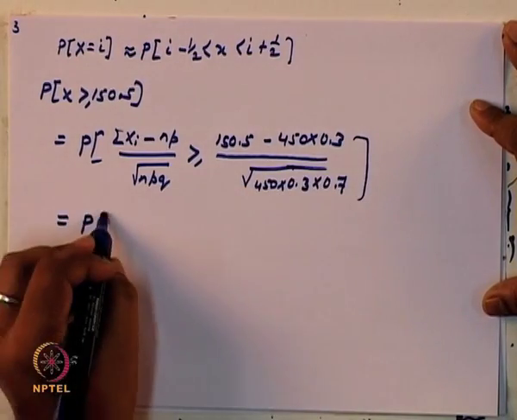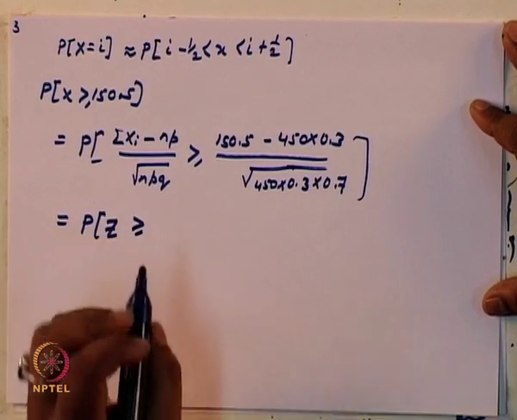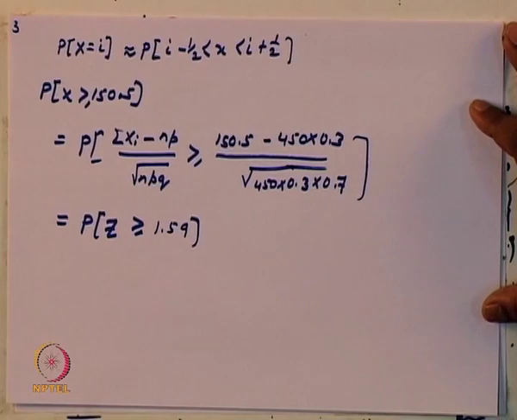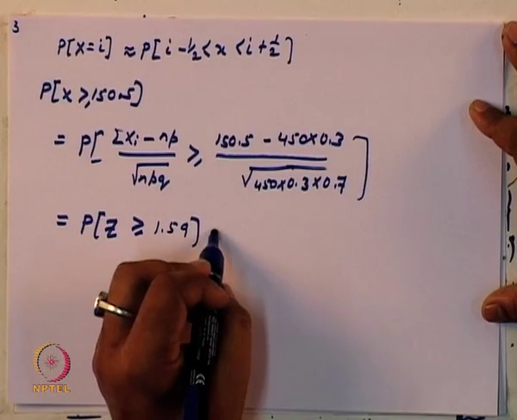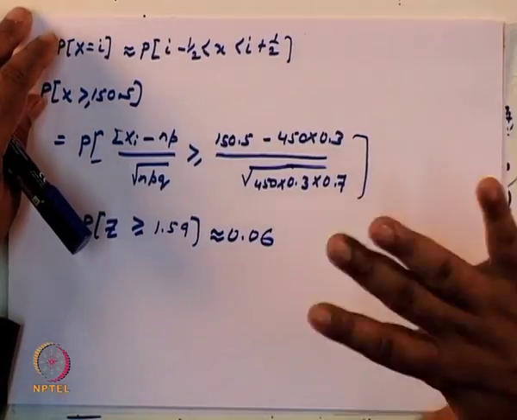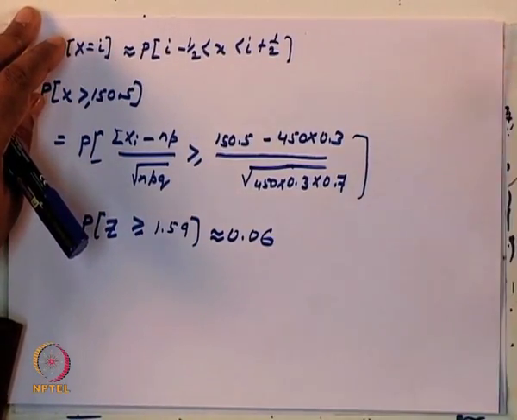So, this is the probability of z greater or equal to 1.59, and this turns out to be roughly 0.06. So, there is still a 6% chance that more than 150 students will join.